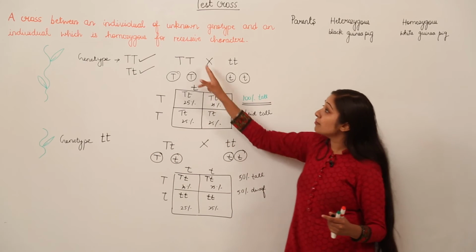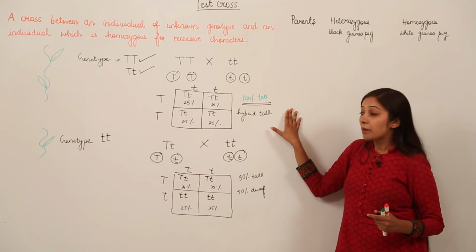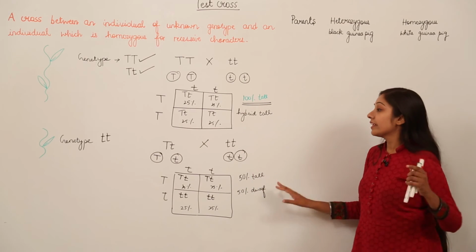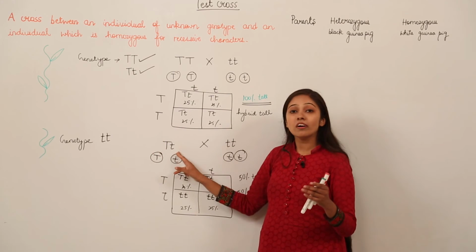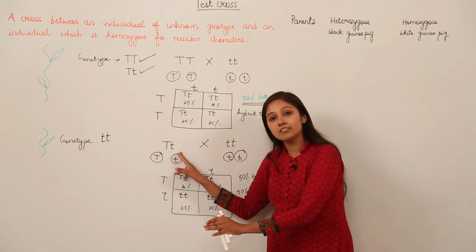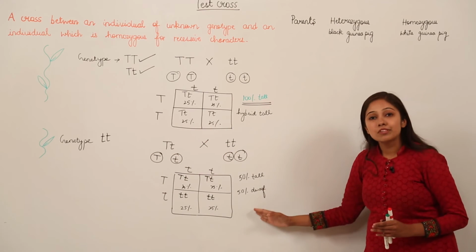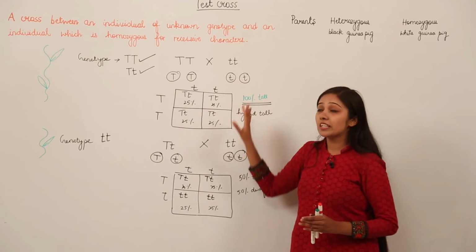Because if it would have been homozygous, then all plants would have been tall. But since all the plants are not tall in this case, this proves that we have a heterozygous combination over here. That is why we have 50% tall and 50% dwarf pea plants. I hope now this is very clear to you in case of pea plants.